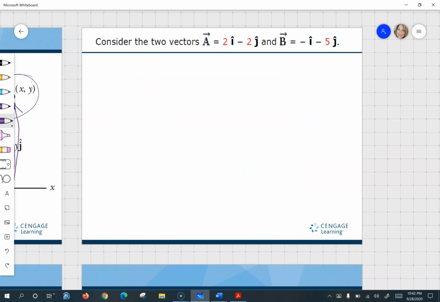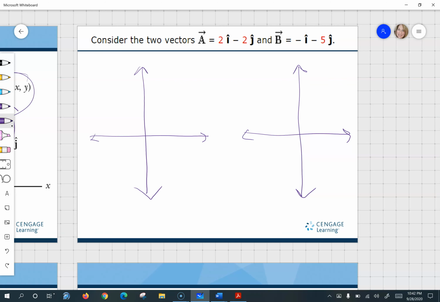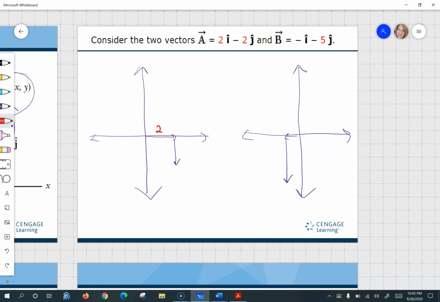Now let's look at this. Consider these two vectors. Let's see if you can draw them. Pause the video real quick. Draw your coordinates and see if you can figure out where these vectors are located. Well, here's my 2i and my negative 2j.